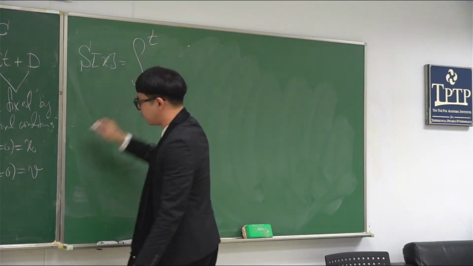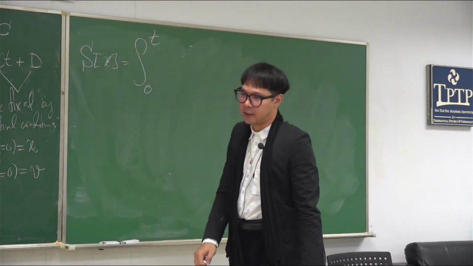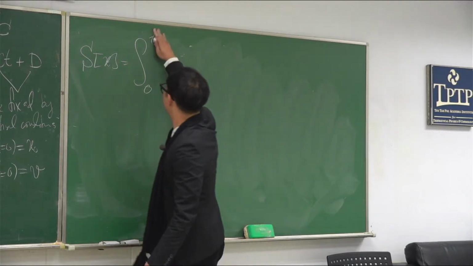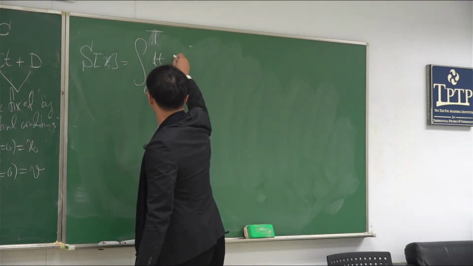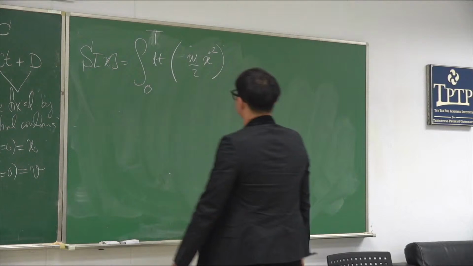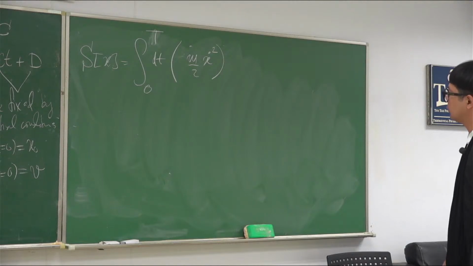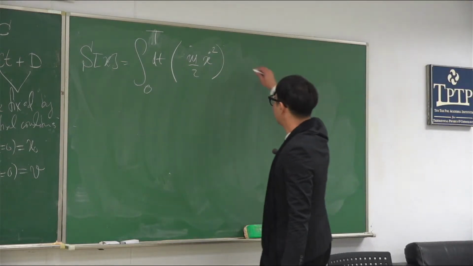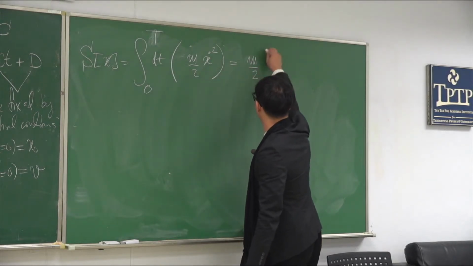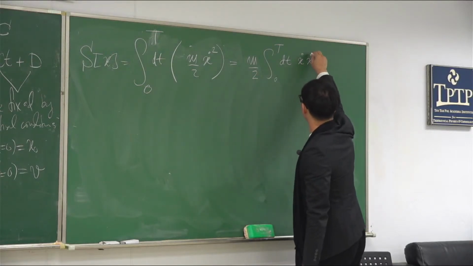Because we gave the condition of starting from 0, we have to integrate over time T. So you can move the constant, and then you have this, right?